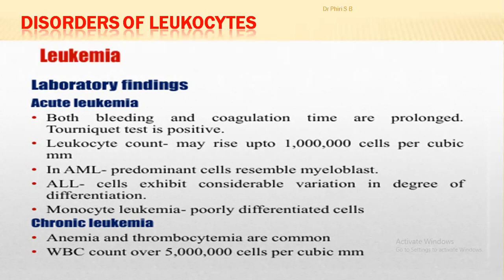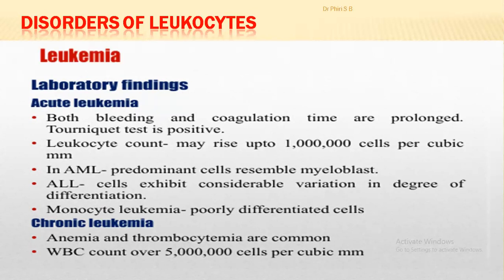And in chronic leukemia, you have anemia, and you have thrombocythemia, meaning an increase in platelets. This could be due to a tumor resulting in a production of platelets, and these platelets are dysfunctional, so they're not functional.